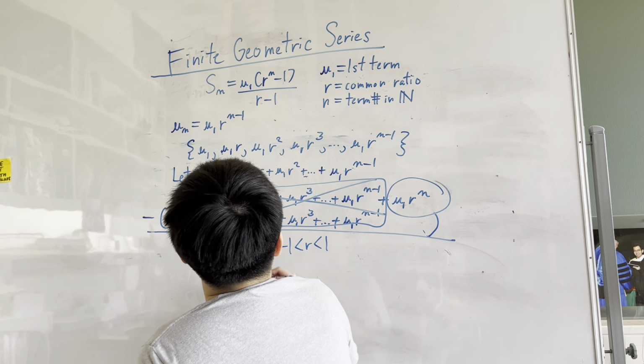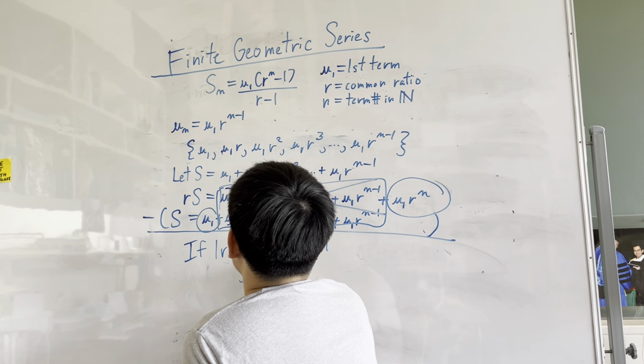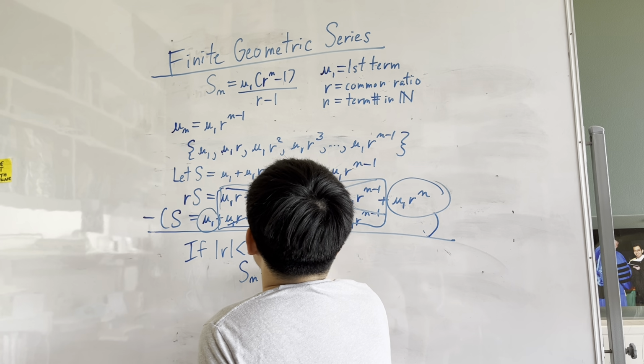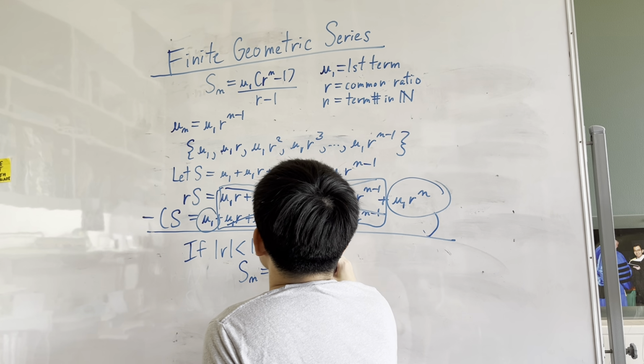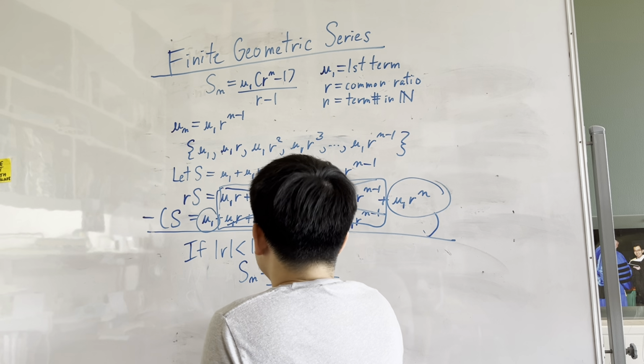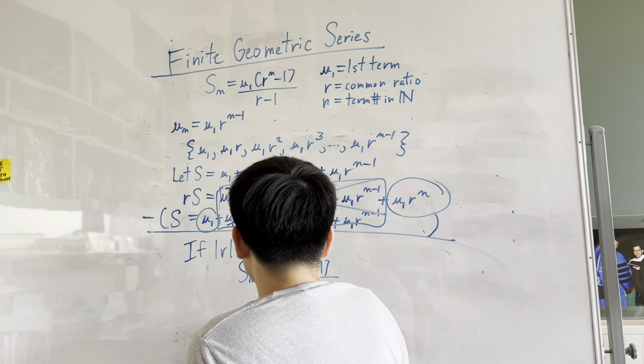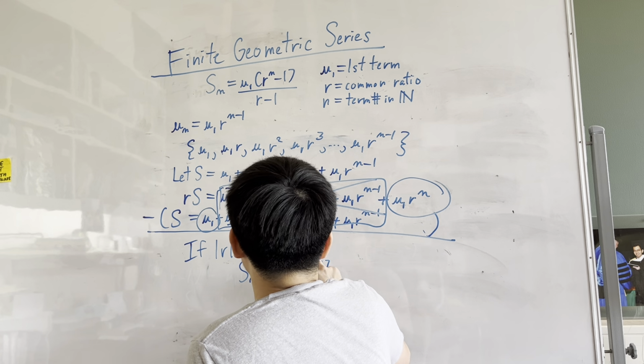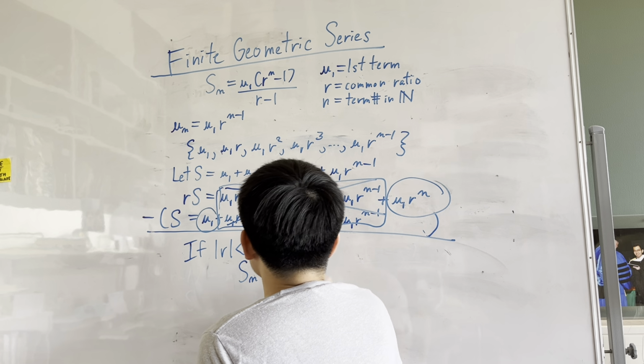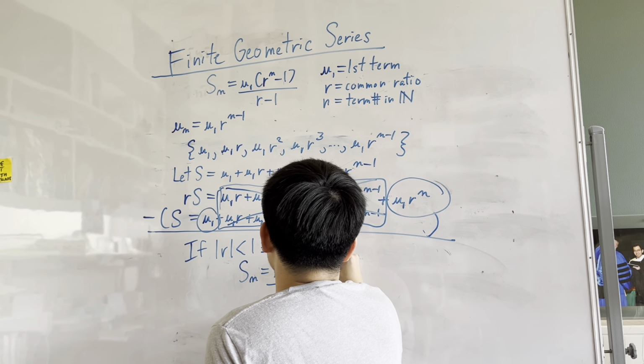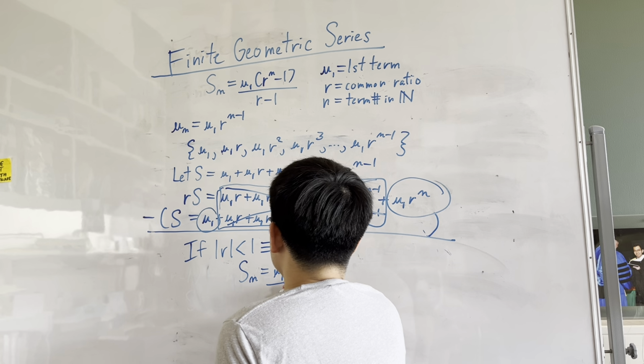Then you get that this Sn for u1 times (r to the n minus 1)... Oh, sorry, I have to use the other form. It actually matters for this that I do this in the other form.